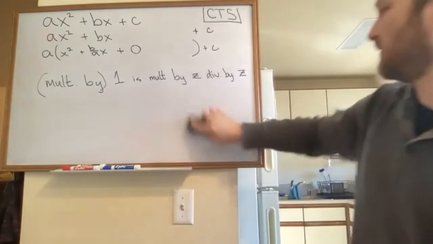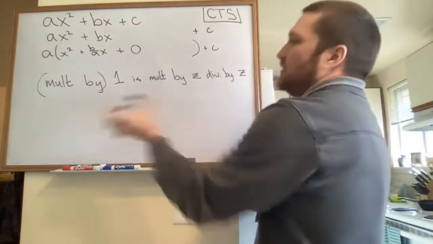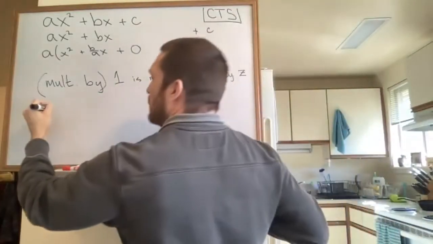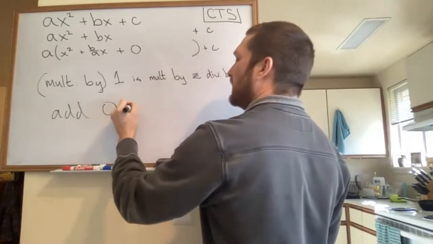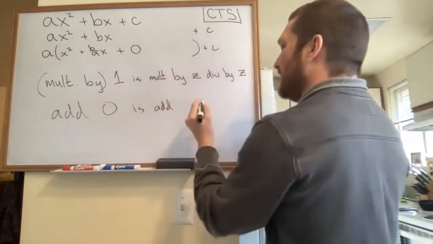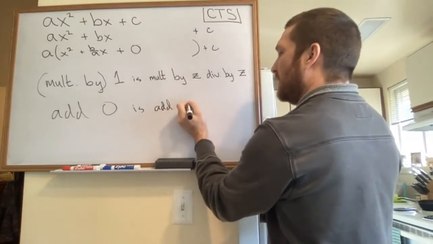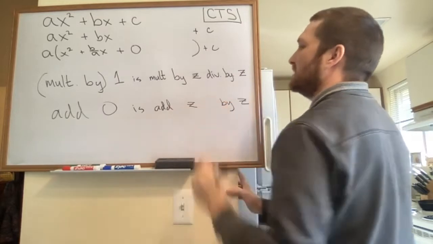Okay, that's what I'm saying right there. And so now we don't want to multiply by 1. We want to add 0. And we're going to say that's the same as adding something by itself.